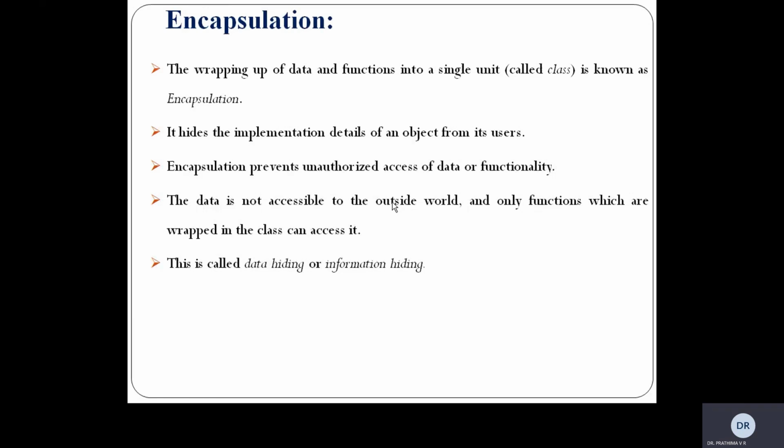Encapsulation prevents any unauthorized access of data or functionality. The data which is not made accessible to the outside world is generally wrapped up inside a class, and this wrapping up we call data hiding or information hiding.